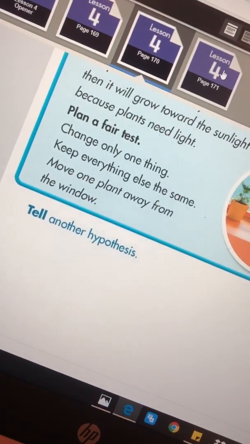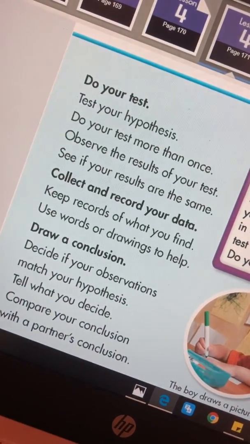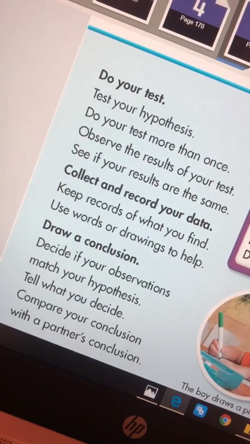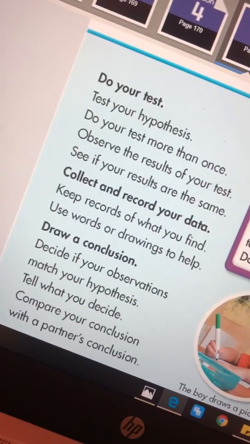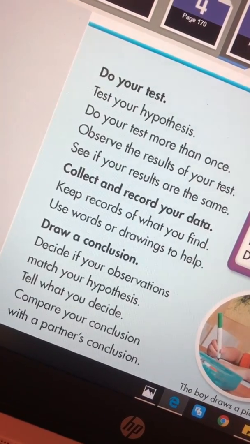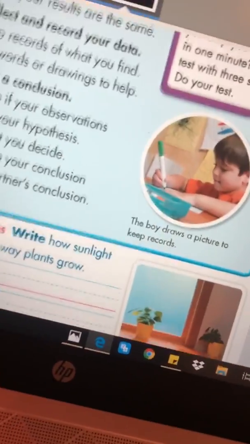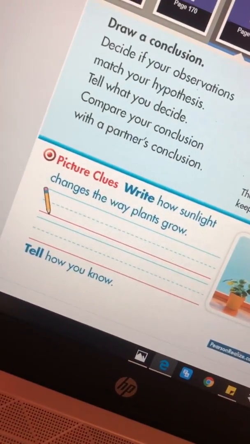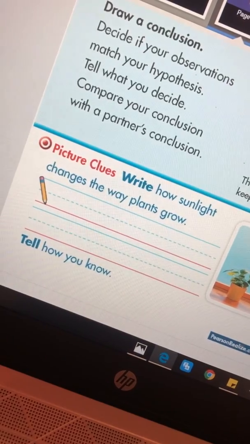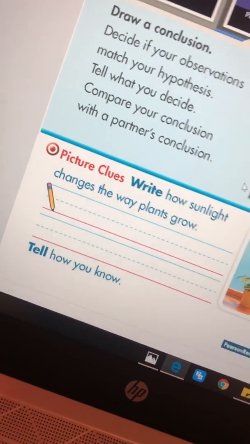Okay, let's go back to the last page to answer the questions. So we finished now our scientific method. We made these six steps. Now write how sunlight changes the way plants grow.